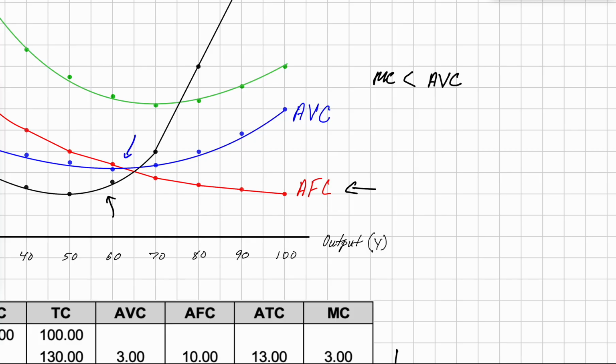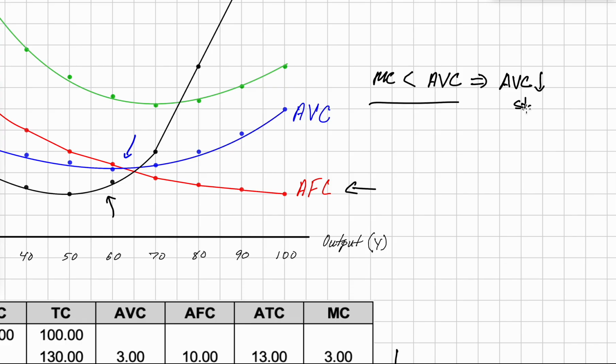That's when marginal cost is less than average variable cost. So when the marginal cost curve is below average variable cost, below that blue line, that signifies to us that average variable costs are still declining.